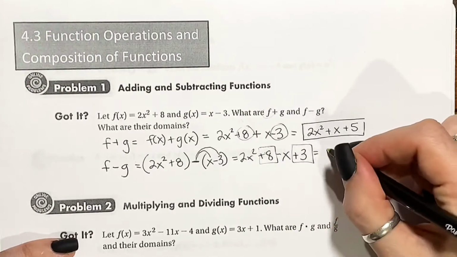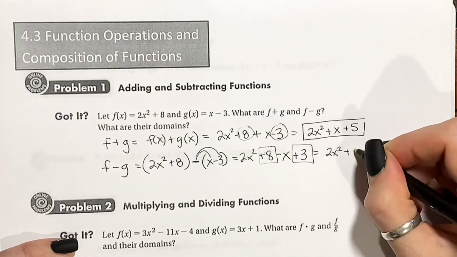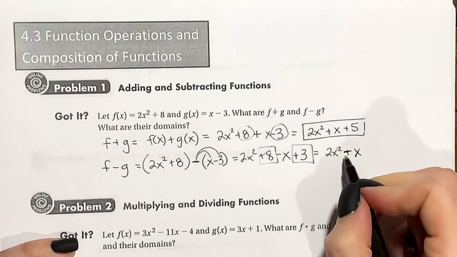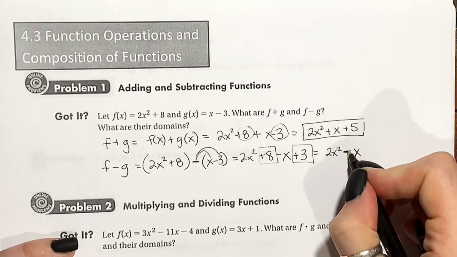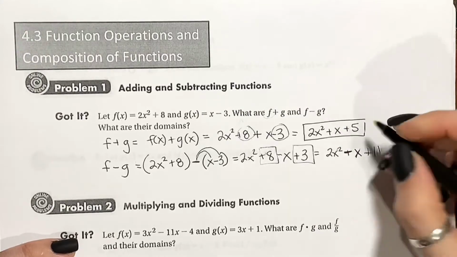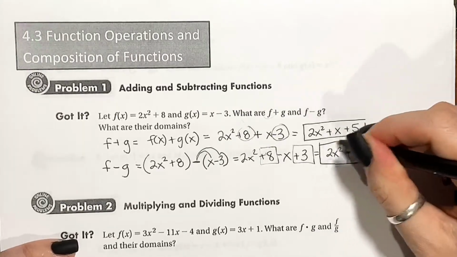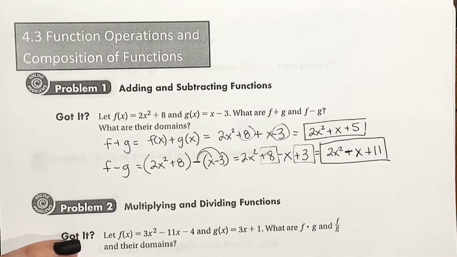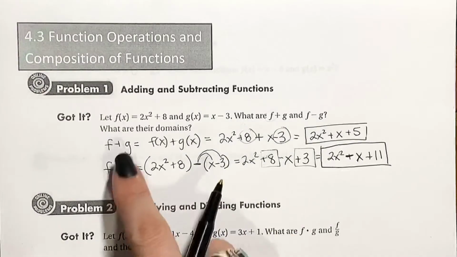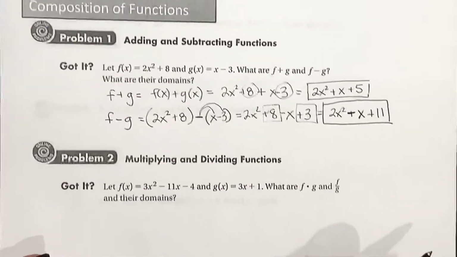So we end up with 2x squared minus x. See, I almost got my sign wrong right there. So minus x, and then 8 plus 3 is 11. So we end up with 2x squared minus x plus 11. And that would be your answer. So again, combining like terms, things like that, you guys know how to do already. It's just learning this new notation.